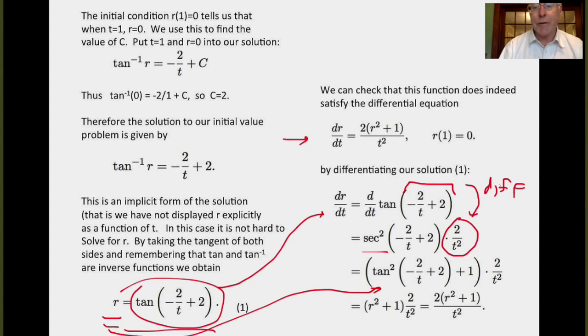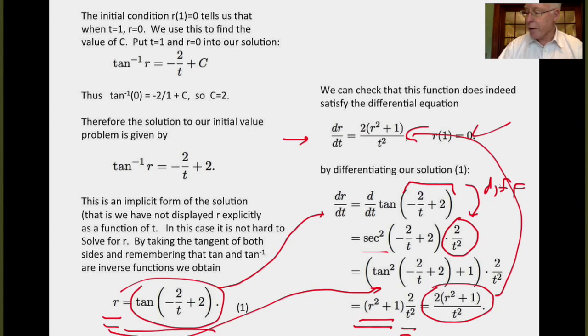And so the tangent squared of minus 2 over t plus 2 is the same as r squared. So our derivative dr dt looks like r squared plus 1 times 2 over t squared, or with a little algebra, 2 times r squared plus 1 over t squared. And so that verifies that our solution does satisfy that differential equation.